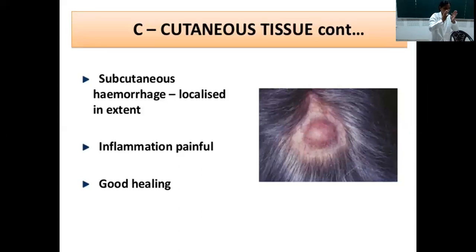Why? Because the subcutaneous tissue is divided into loculi, so many spaces. So when any blood vessel is damaged, it forms a swelling within that restricted area. So it forms a very little localized swelling, but it is very painful. Why? Because of the unyielding connective tissue. Because it is restricted within that connective tissue, it is very painful.